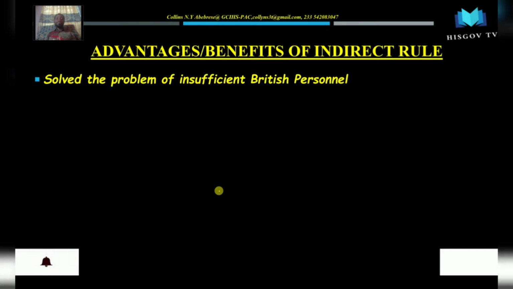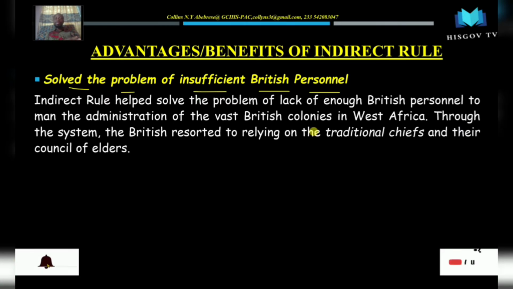Now, the first advantage or benefit of indirect rule in the Gold Coast, to the British or to the Gold Coasters, was that indirect rule solved the problem of insufficient British officials. You recall in our lesson on the reasons for the British adopting the indirect rule system in the Gold Coast, or even in British West Africa, it was mainly because they lacked personnel to work in the colonial administration.